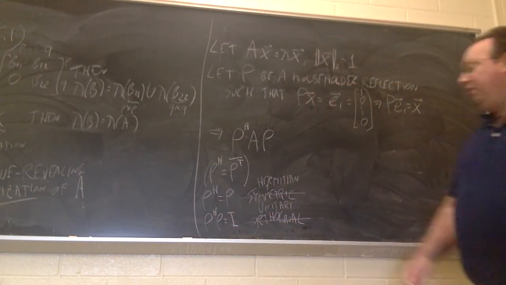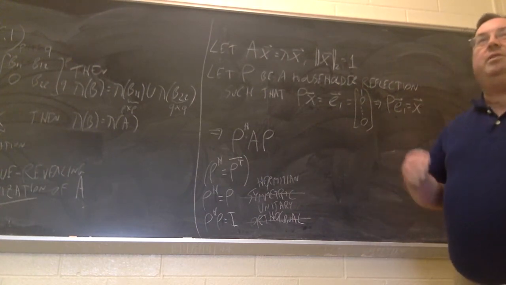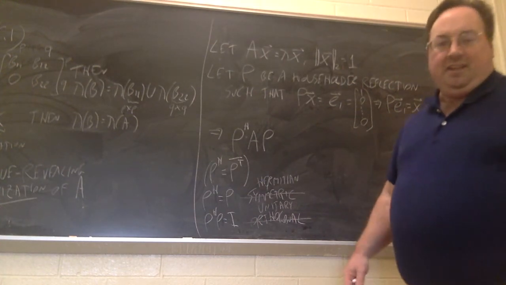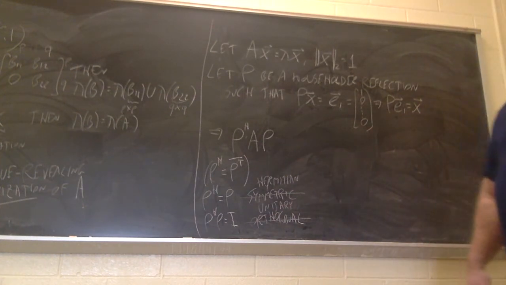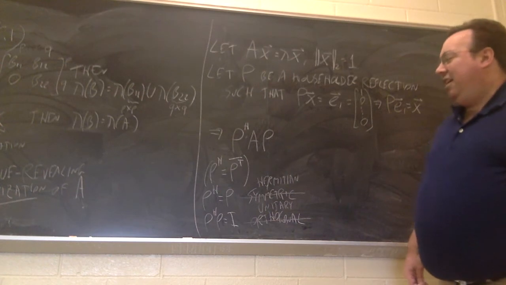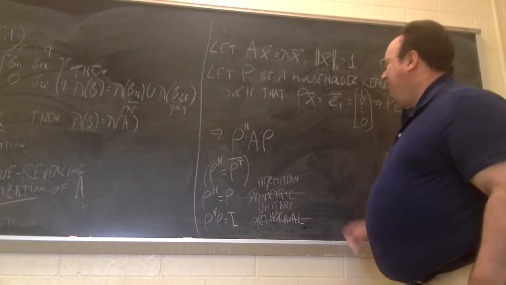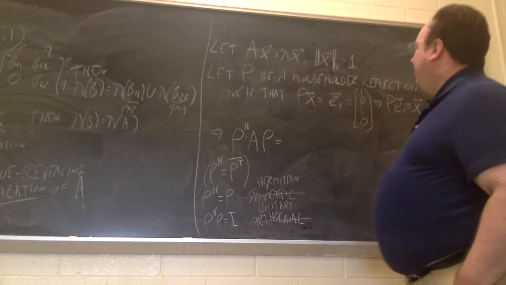So symmetric and orthogonal if everything is real, Hermitian and unitary if they might be complex. But we have corresponding concepts. So when I get sloppy, I tend to use them interchangeably.